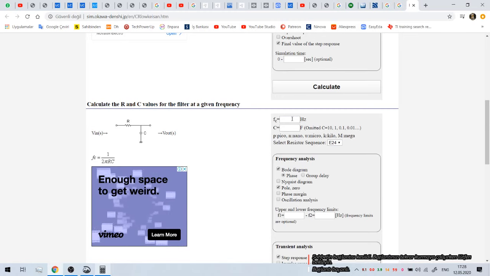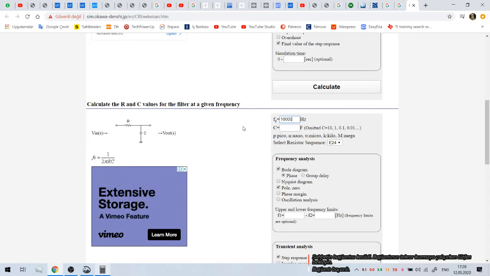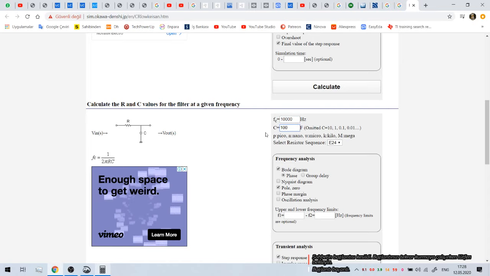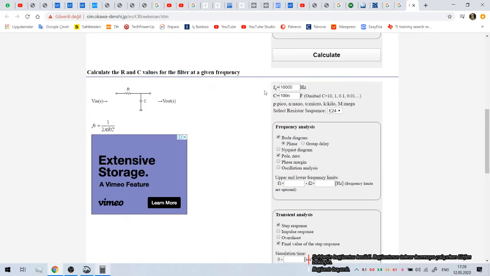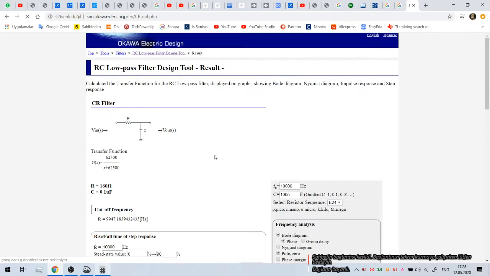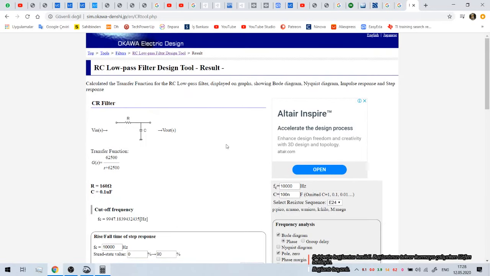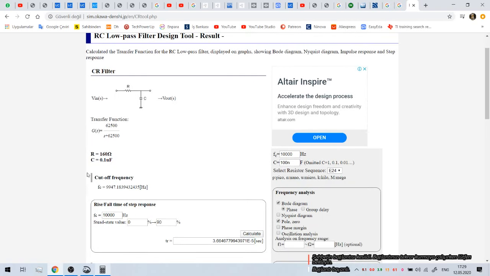Cutoff frequency, I can take maybe 10 kilohertz, 1 kilohertz also nice. We can see 100 nano. Calculate it. I don't know this site also. Yes, you can see for 10,000 hertz cutoff frequency, R equals 160 and C is 0.1 microfarad.